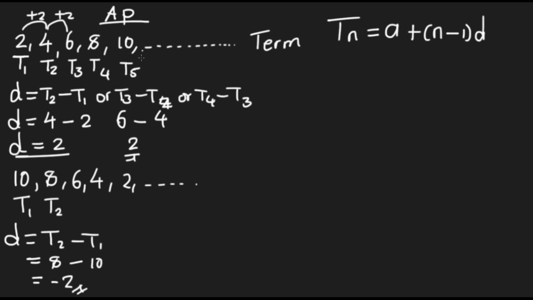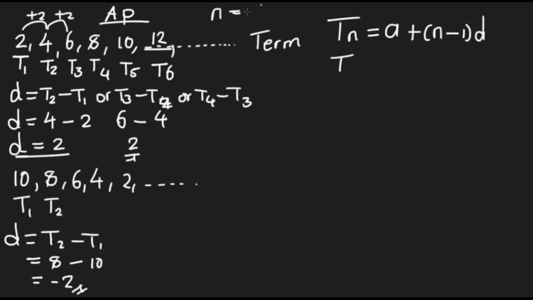For example, let's say the question asks us to find the 6th term. What term is on position number 6? We can find it by just adding the common difference to the term on number 5. So 10 plus 2 gives 12. Now, how can we get 12 using this formula? Say Tn, where n represents the number of terms.